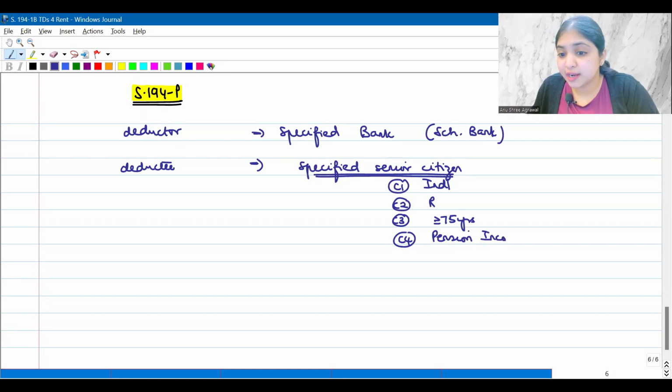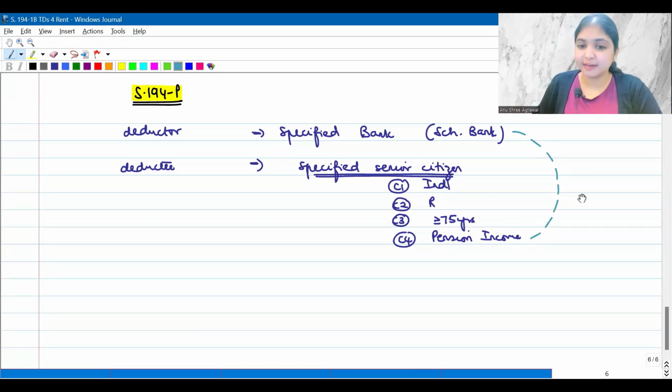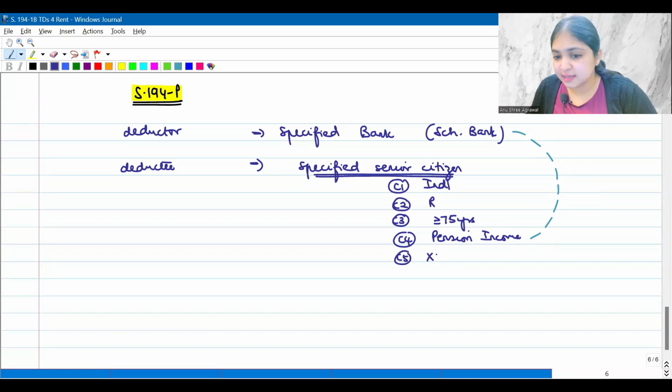Now, this pension income is being credited for him in this bank account. Basically, in this scheduled bank, this specified senior citizen has a bank account, and in that bank account, this pension income is getting credited. Apart from pension income, this specified senior citizen is not having any other income.